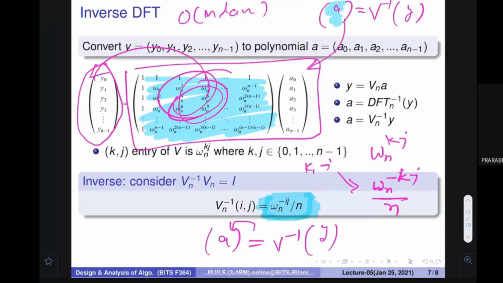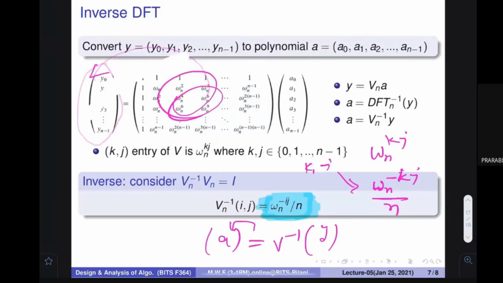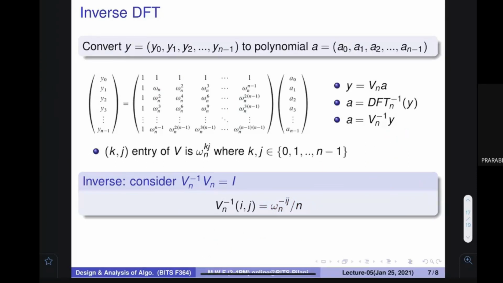Hope I'm able to convince you. If you have any questions, please let me know. Once again, to make it very clear: you computed the y's, which are the result of multiplying with predefined values.